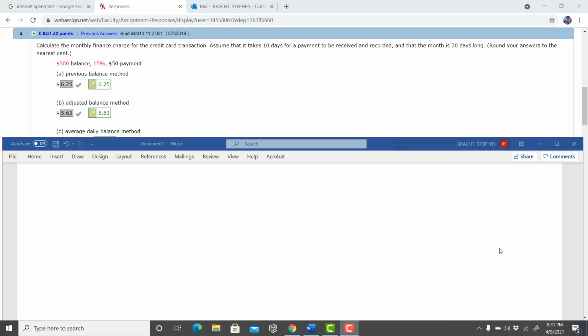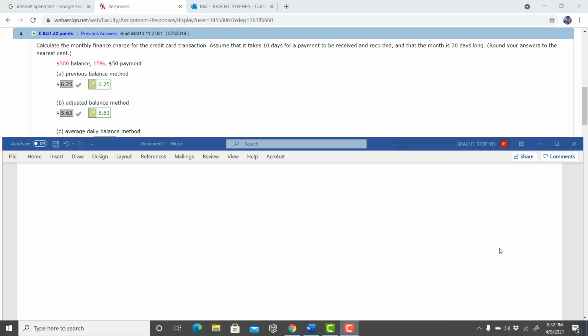So what we do for the average daily balance method is that we take a specific balance and we multiply it by the number of days that balance is basically current. And then if a payment is made that changes the balance, we multiply the new balance by the number of days that that balance is current.